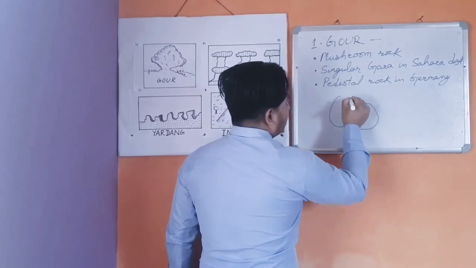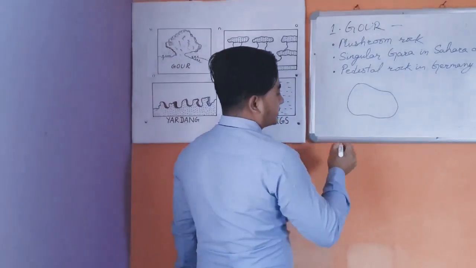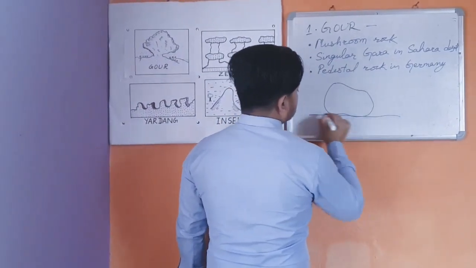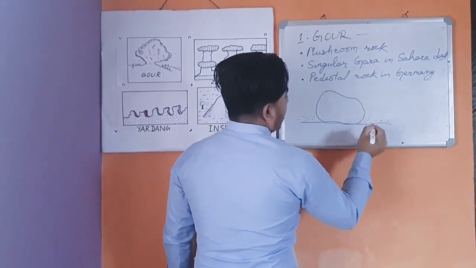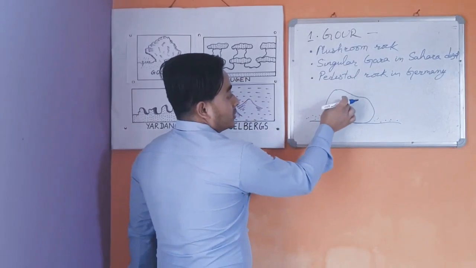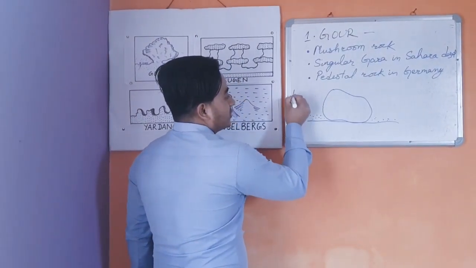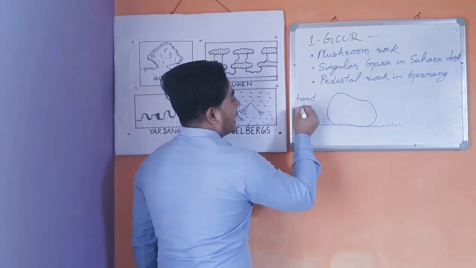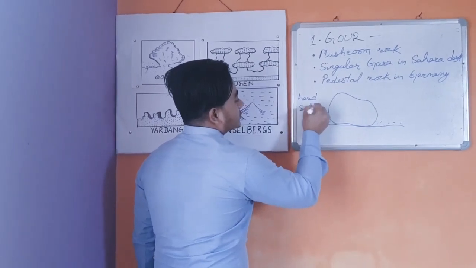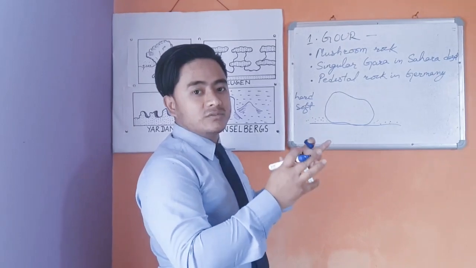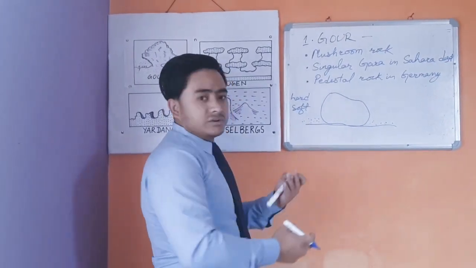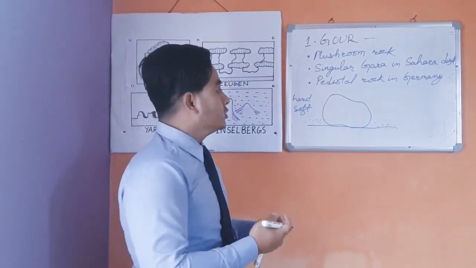If this is a block of rock in a desert area, deserts are filled with sand. And you all know that rocks are made up of hard and soft rocks. That means rocks are an aggregate or mixture of minerals, and some minerals are hard, some are soft.